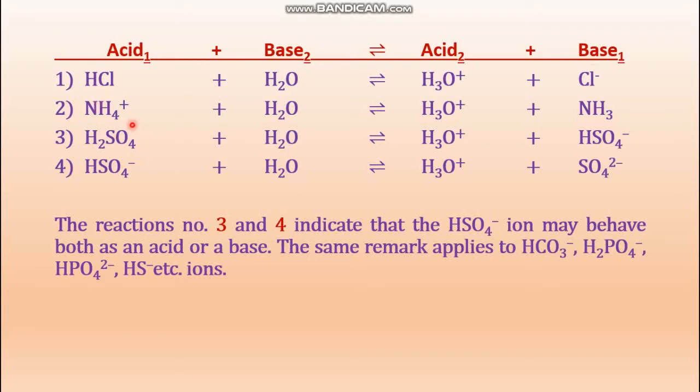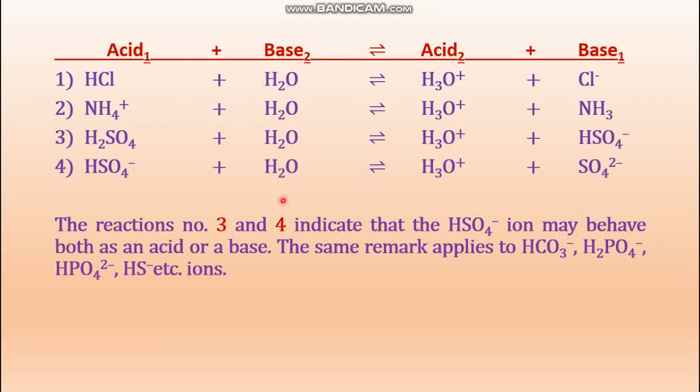Next, ammonium ion is an acid. When it reacts with water, which is behaving as a base, then it produces acid 2, H3O plus, and base 1, ammonia. That means the conjugate base of ammonium ion is NH3 and the conjugate acid of H2O is H3O plus. In all the examples, the conjugate acid of H2O is H3O plus.